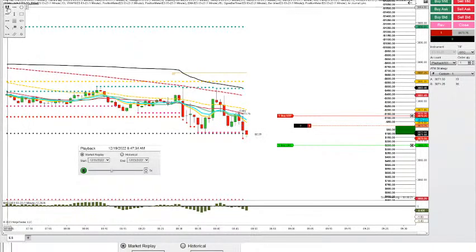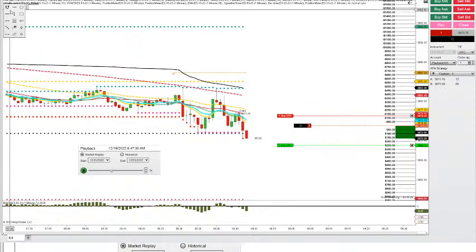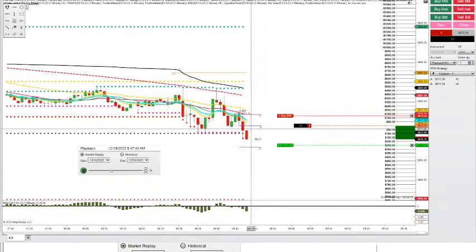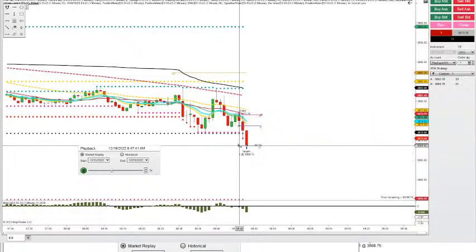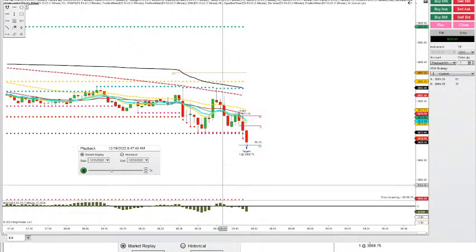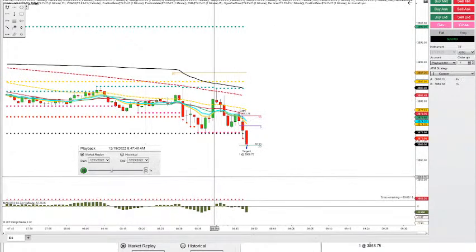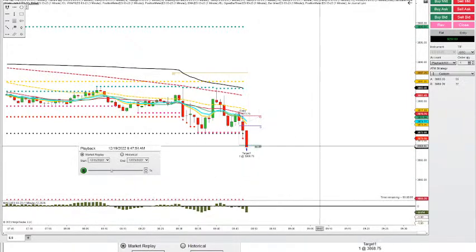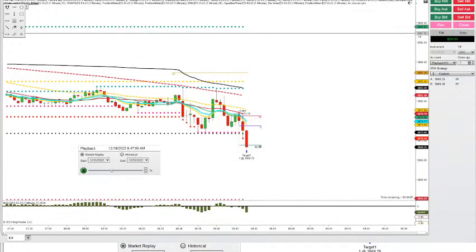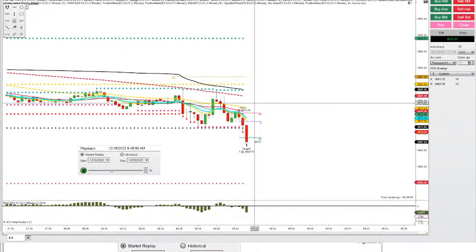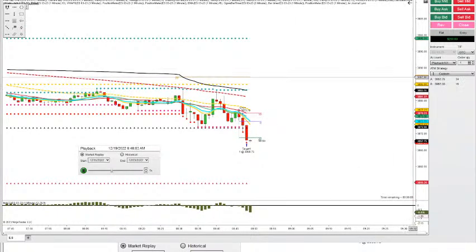Let me just double check. Yeah, this will be 20 ticks. That's it. All right. So that was our first trade. Worked out right after 9:45. That was on a Monday morning. Would have gotten $250 and would have continued on.